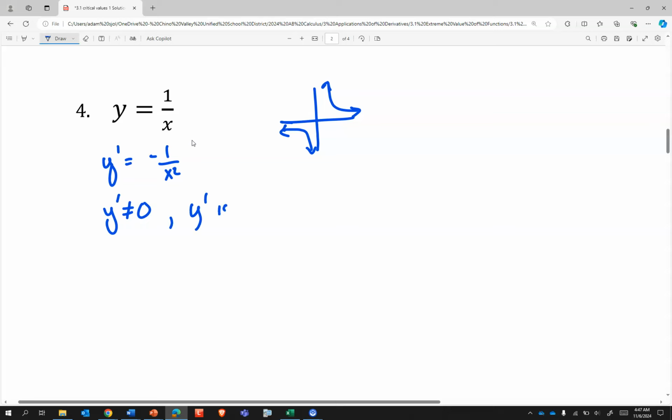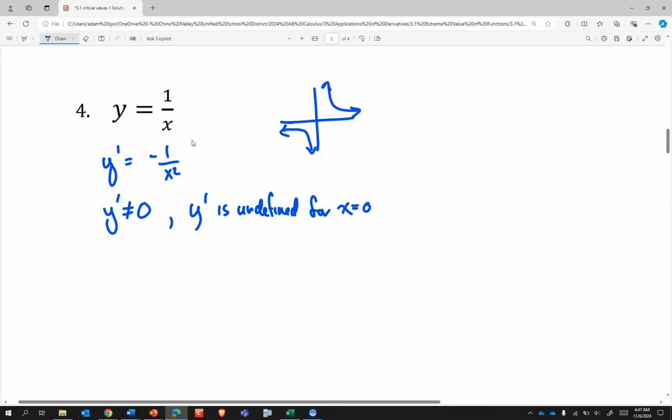And y prime is undefined for x equals 0. What are we doing? We're setting the numerator and denominator equal to 0 in our heads to figure out where y prime is equal to 0, where y prime is undefined.